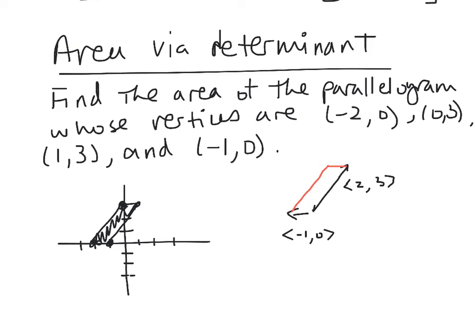Okay, we want to calculate this area. It turns out the area of this parallelogram should just be the determinant of the matrix given by those 2 vectors, but then we take the absolute value. So if we take this determinant, what we get is a determinant of -3, and we take the absolute value, and so the area is actually 3.